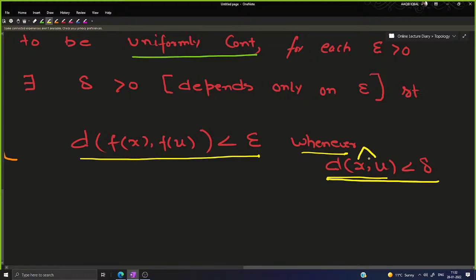Sufficiently close points x and u, अगर इनके बीच में distance less than delta है, then the distance between their images will be less than epsilon. So in case of uniform continuity, sufficiently close points have close images. If you take two points which are sufficiently close, then their images also will be close. This is a remarkable property of uniformly continuous functions.